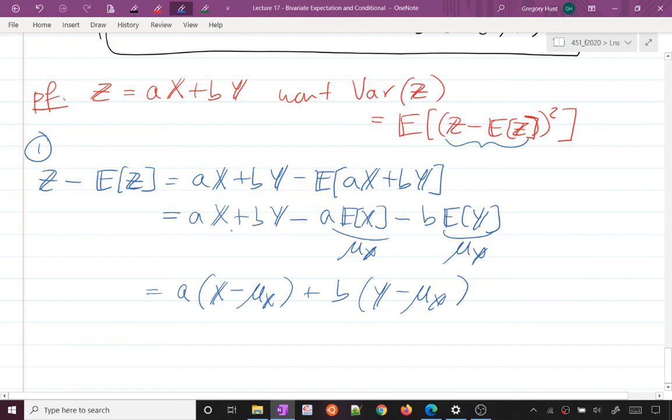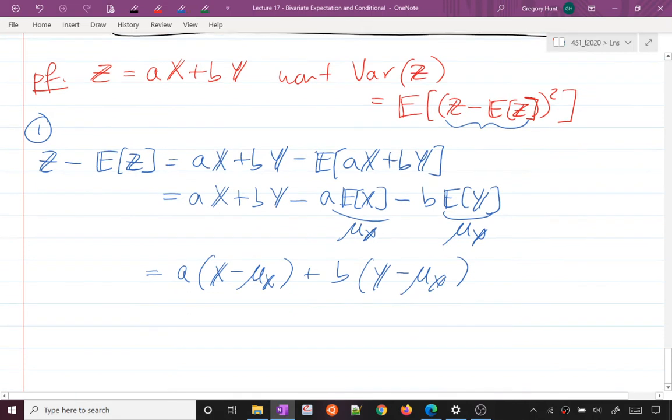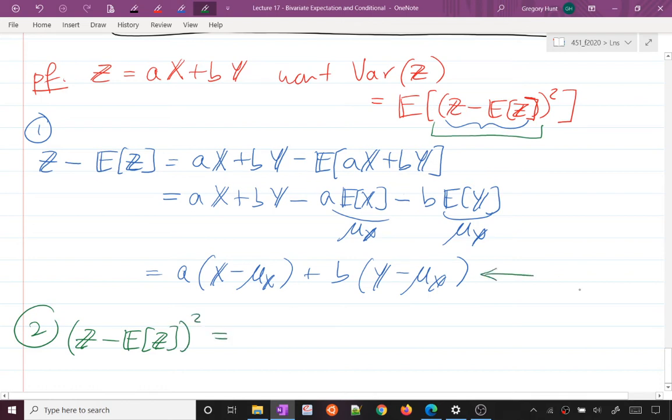This is ax minus a mu x, right? And okay, so that gives us, first of all, what z minus the expected value is, or ax plus by minus its expected value. I could then look at squaring this thing. So if I want to look at z minus expected value of z squared, all I have to do is square this thing.